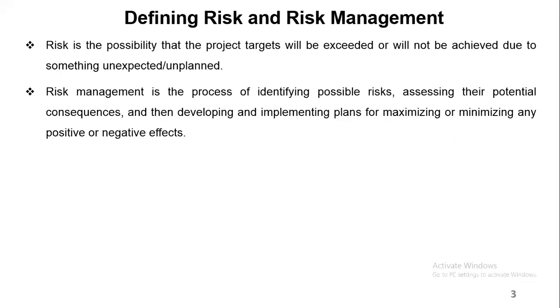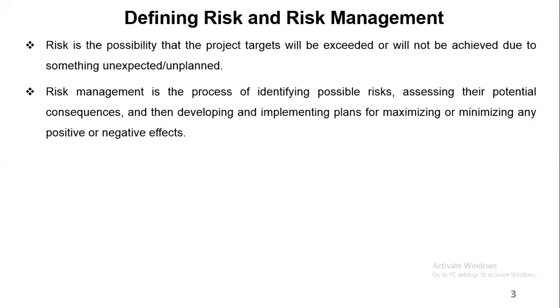You can call it consequences, severity, or the impact of that specific risk, and also the likelihood or probability that it might happen. From there, you develop and implement an action plan so that you can minimize or maximize the negative or positive effects of that risk. It depends on what risk you are facing. Are we together up to there?